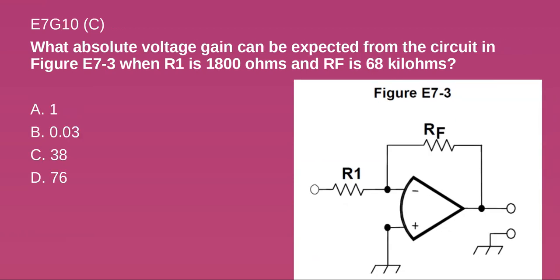What absolute voltage gain can be expected from the circuit when R1 is 1800 and RF is 68 kiloohms? Kiloohms. Yeah. 68,000 divided by 1800.